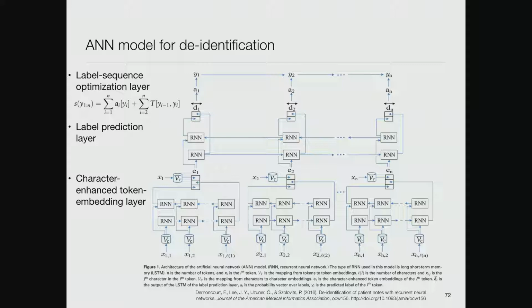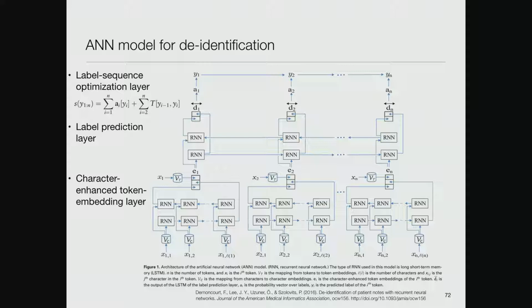And then for each word, you take the output of those RNNs, run them through a feed-forward neural network in order to estimate, it's like a softmax, the probability of this word belonging to a particular category of personally identifiable health information. So is it a name? Is it an address? Is it a phone number? Is it a whatever? Okay?